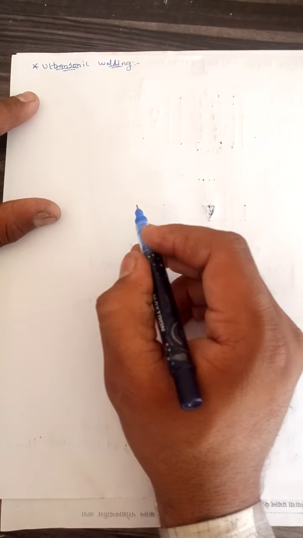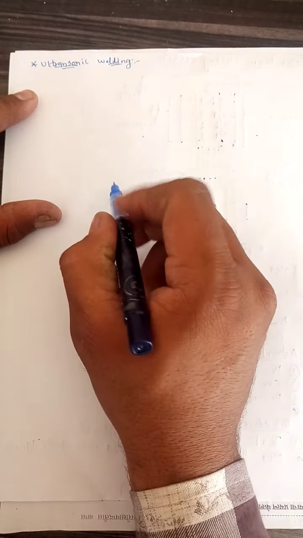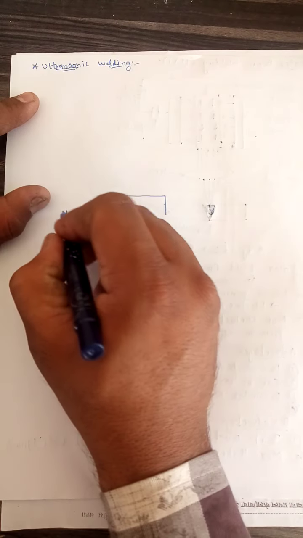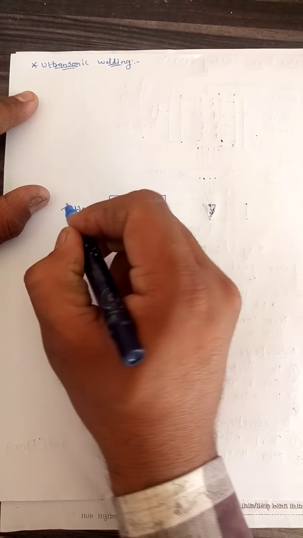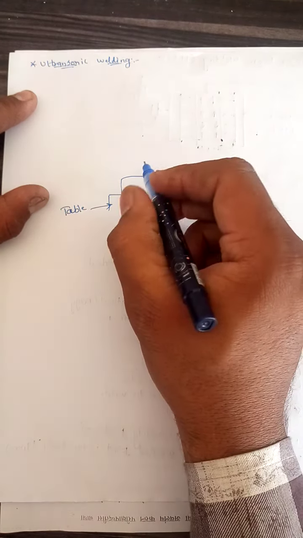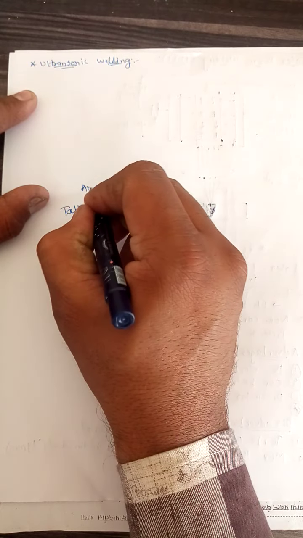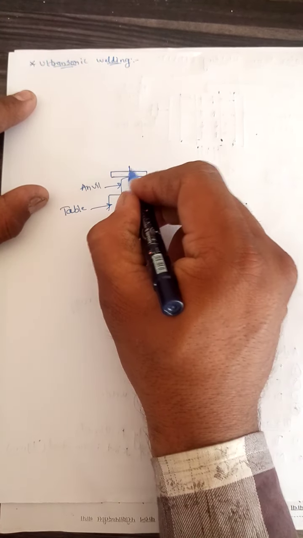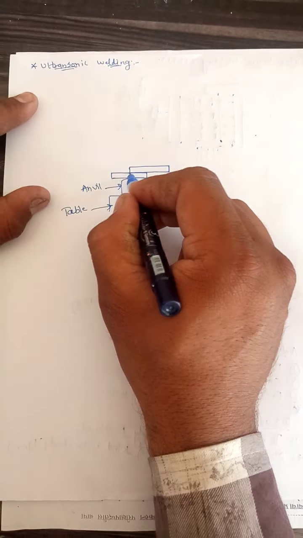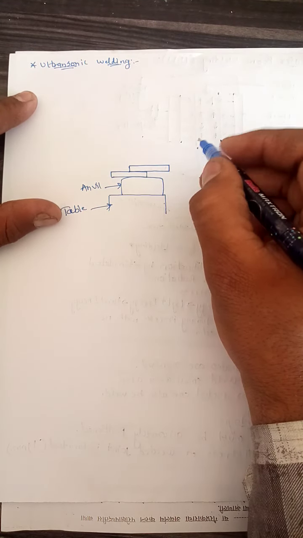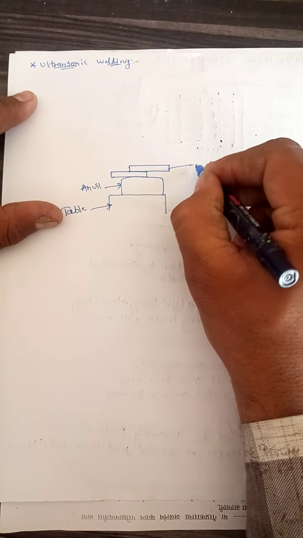In that, I will first draw the diagram of ultrasonic welding. This is the table. This is an anvil. This is the material.